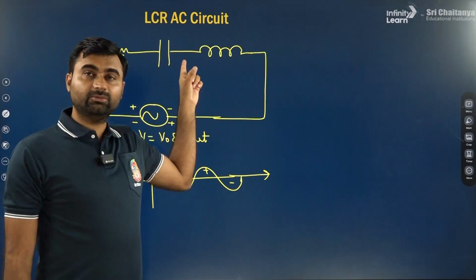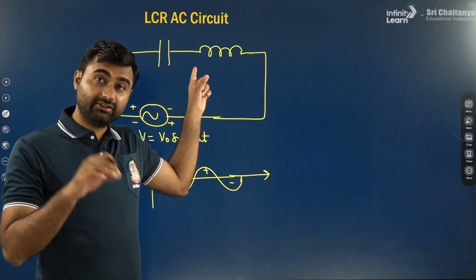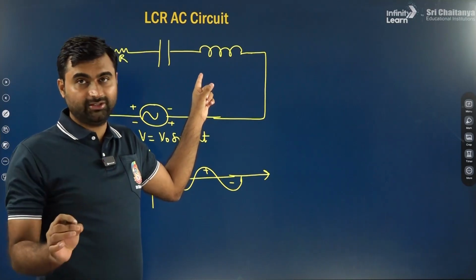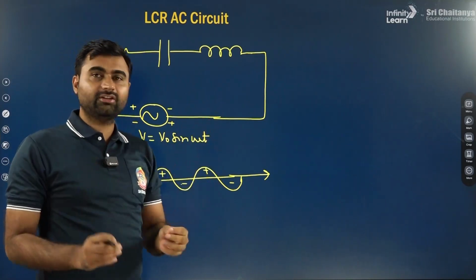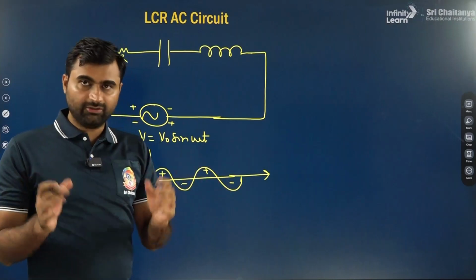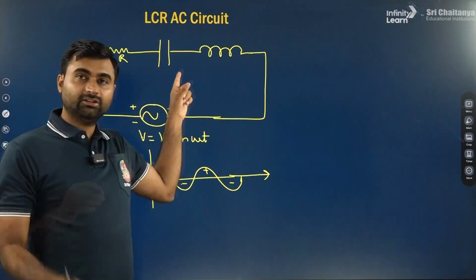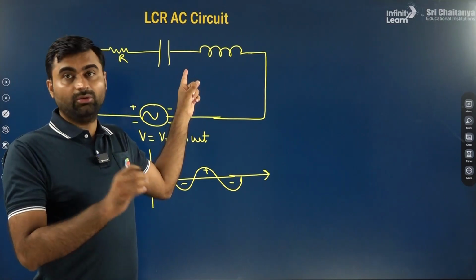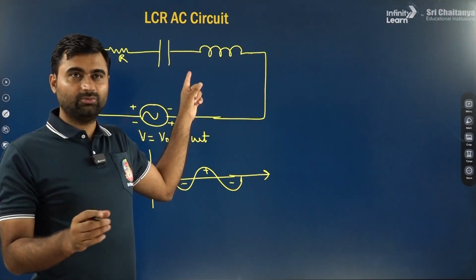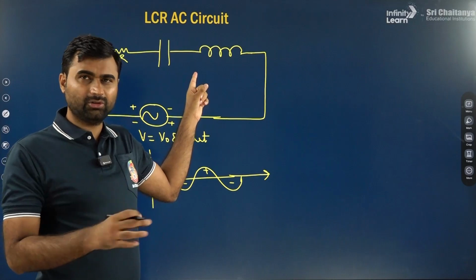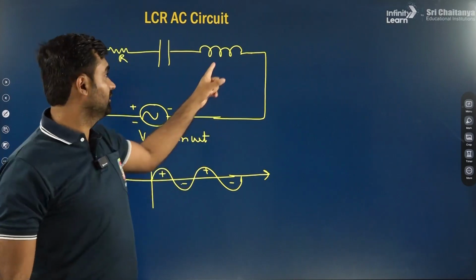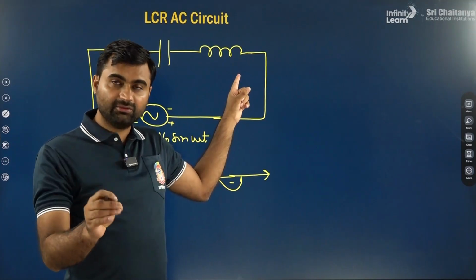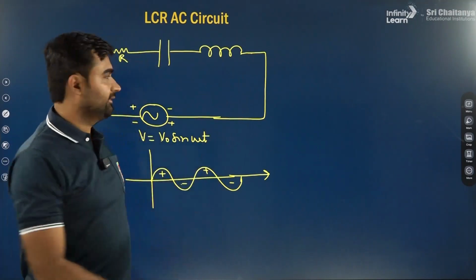When alternating current flows in a capacitor, there is a phase difference of 90 degrees between current and voltage. I will also tell you what the meaning of phase difference is. But here you have to remember that current leads the voltage by 90 degrees. What is the sense? We will understand. In an inductor, current lags the voltage by 90 degrees.